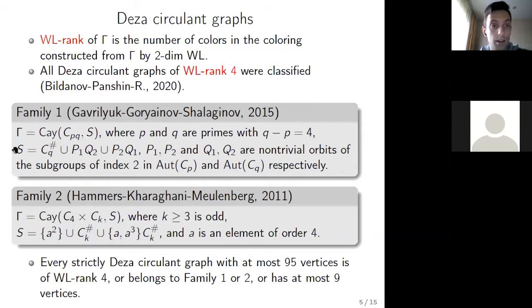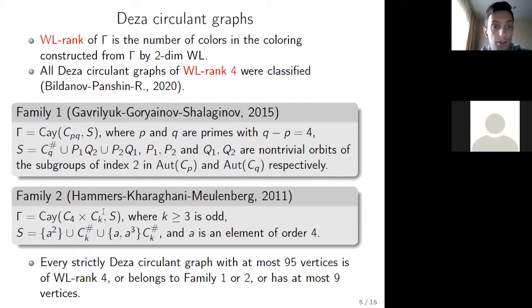And the connection set S is a union of the following sets: the Z_q subgroup without identity, the set P1 multiplied by Q2, and P2 multiplied by Q1. So these are graphs over such groups with such a connection set. We checked that the WL rank of this graph is equal to 5.